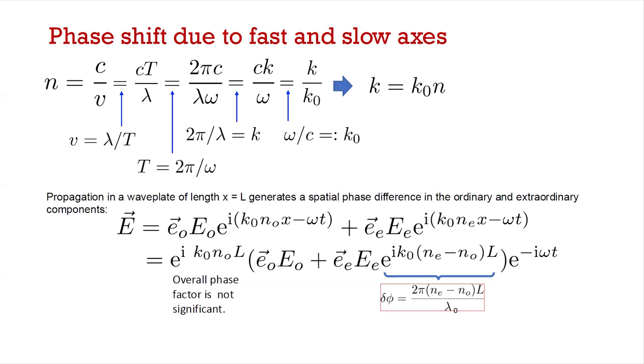And from here you can see this phase shift depends on the different refractive indices in the anisotropic medium, on the length of the crystal, and on the vacuum wavelength. And therefore we can tune this to certain numbers.